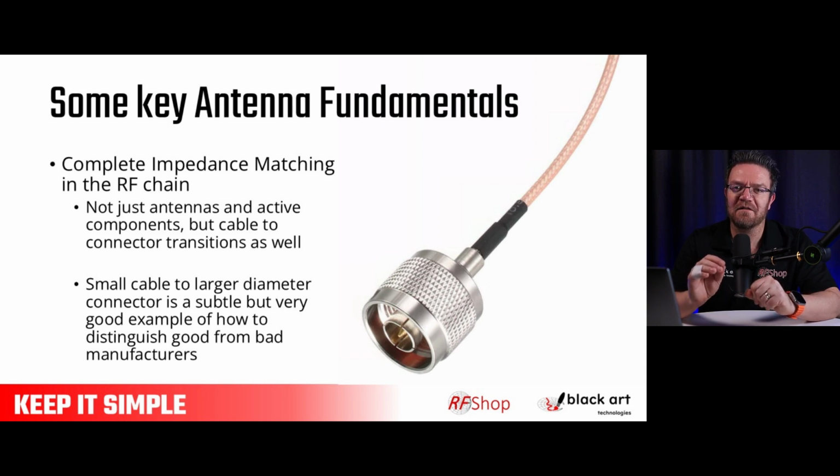Good connector manufacturers will take care to make sure the transition between the big connector and the small cable is done properly, and it is designed and matched. We've seen a lot of issues with the lower budget connectors coming in. They are bad. There might be reputable suppliers, but if you go to eBay, or just to DigiKey, and you don't know the background of the connector or the manufacturer behind it, you may get caught with connectors such as big to small.